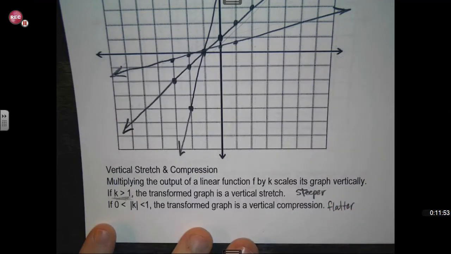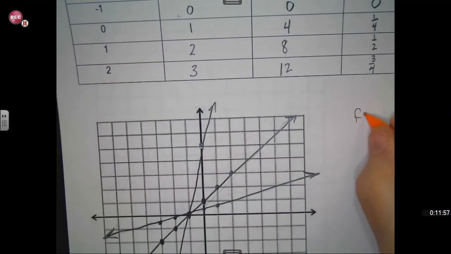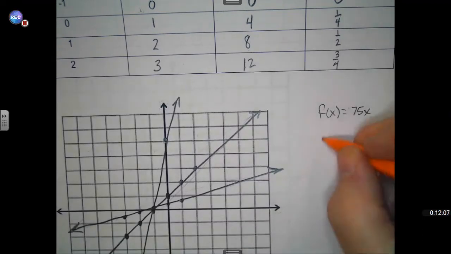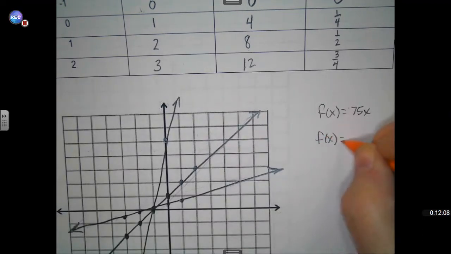And just, common sense wise, if I ask you to graph f of x equals 75x, we're going to rise 75 and run 1. It's going to be a pretty steep graph. But if I ask you to graph f of x equals 1/75x, the slope is 1/75, you're going to rise 1 and run 75. That's a pretty shallow, flat graph.